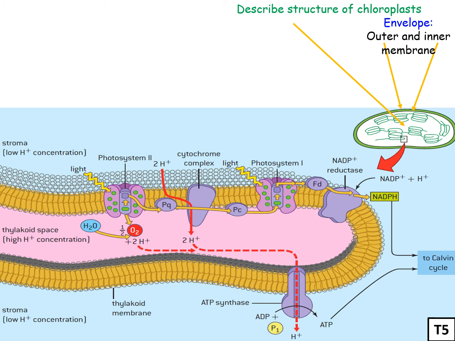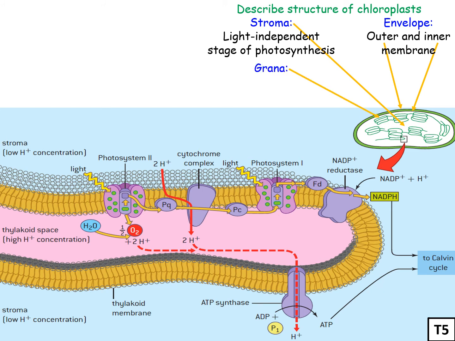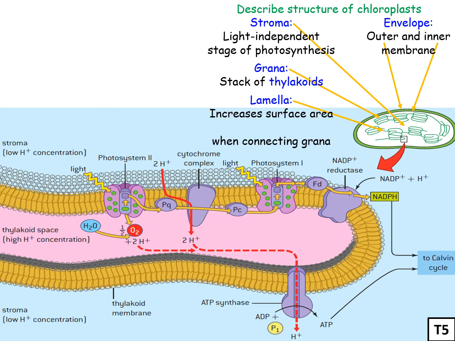The space within the chloroplast is known as the stroma, and here the light-independent stage of photosynthesis occurs. Chloroplast also contains grana, which is a stack of thylakoids, and those stacks of thylakoids are connected to each other by a lamella. They connect the grana, and this increases the surface area so that there is more light absorption.